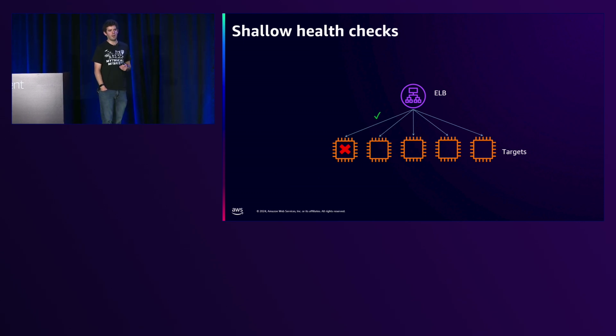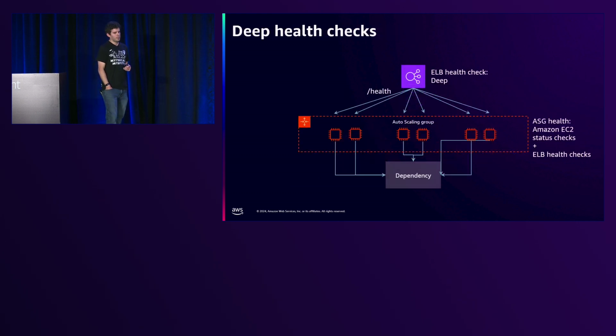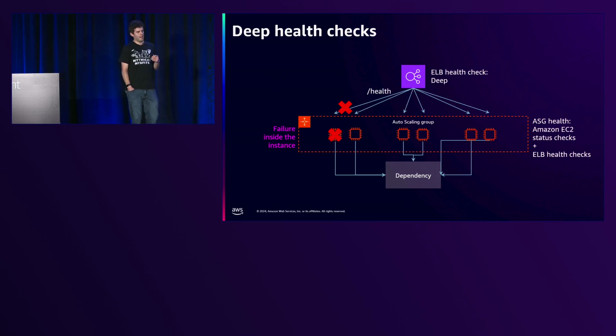The ELB is not going to route around that particular application component that's experiencing some problem. Maybe it's got a bad memory module or a leak occurred in some edge case that happened just on that instance. So with deep health checks, we have the idea where failures happen inside the instance, and we're able to detect that, and we're routing around that failing instance right now. And that's really straightforward when the failures occurred at the instance level.